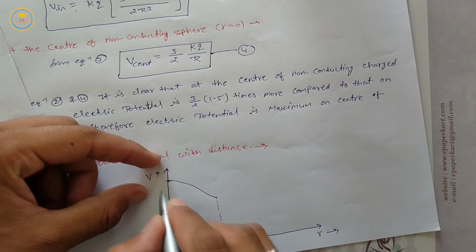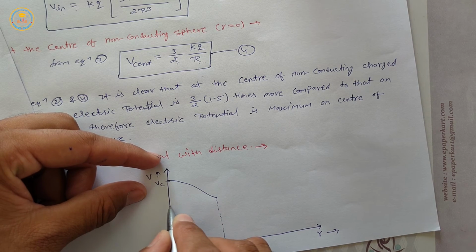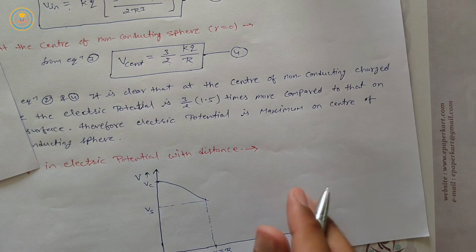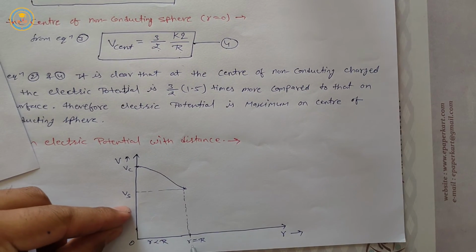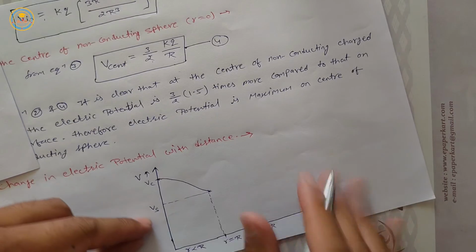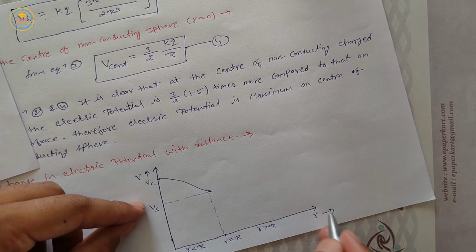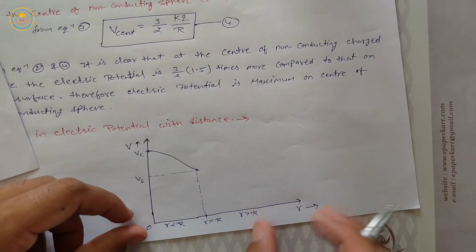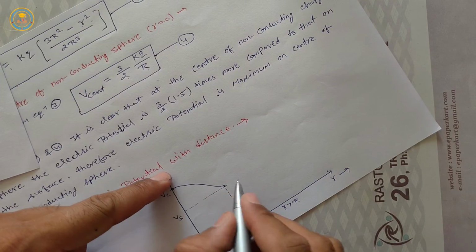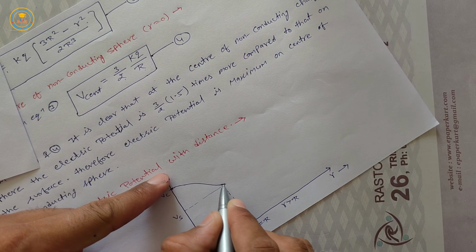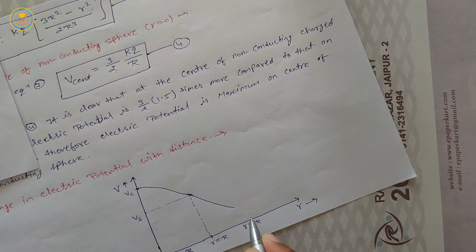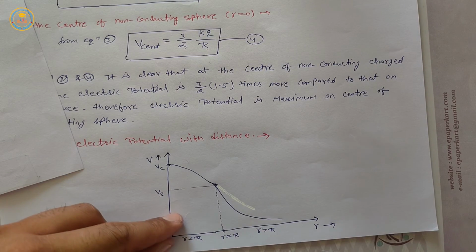Okay, this is V_c and this V_s means the surface point. After this surface, at outer points, V is inversely proportional to r. So if we increase r, then V also decreases like this.